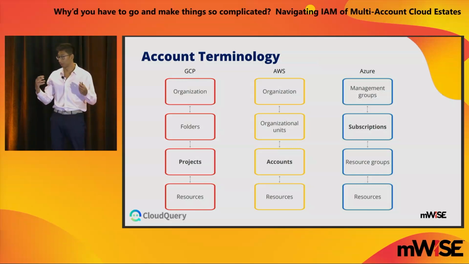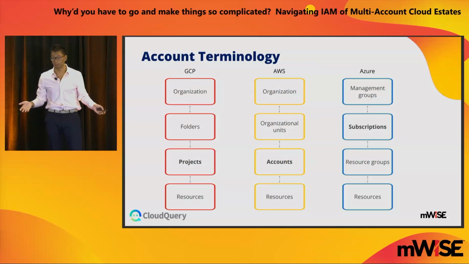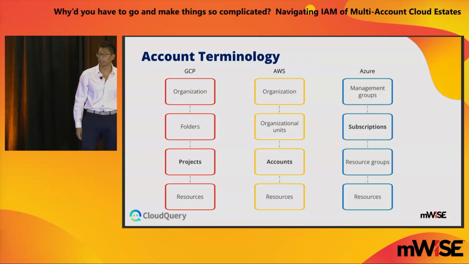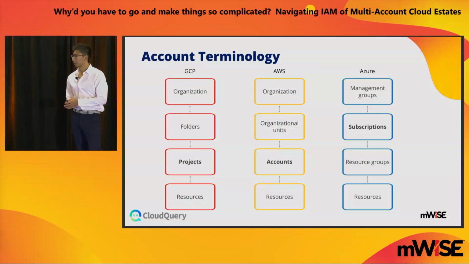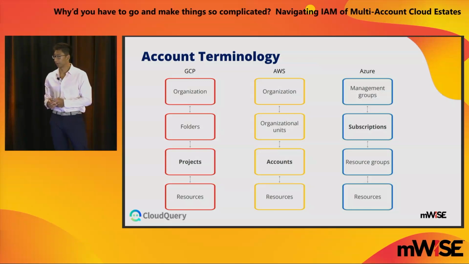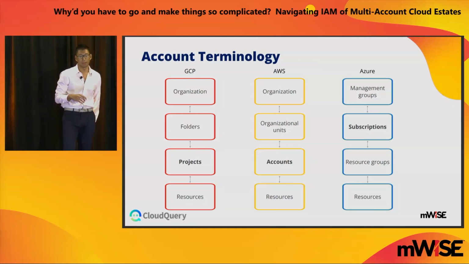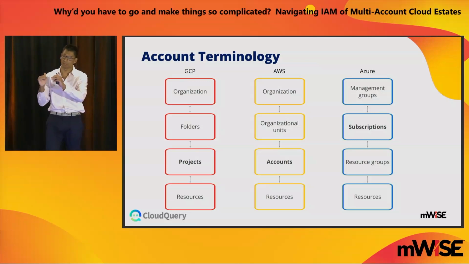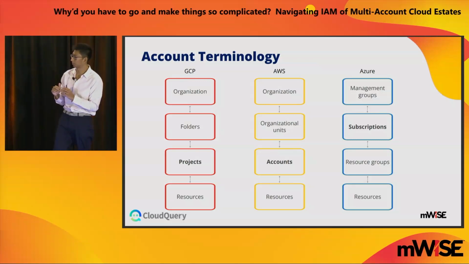GCP, we'll start with the base level of resources, right? And we'll do this with all of these, right? Resources are the foundational building blocks. For example, an S3 bucket in AWS, Azure Blob for storage in Azure, different databases, et cetera, virtual machines, what have you. In GCP, these look like resources at the very bottom. Those are contained by projects, then folders, then organization, which is probably what a lot of organizations or companies may have.